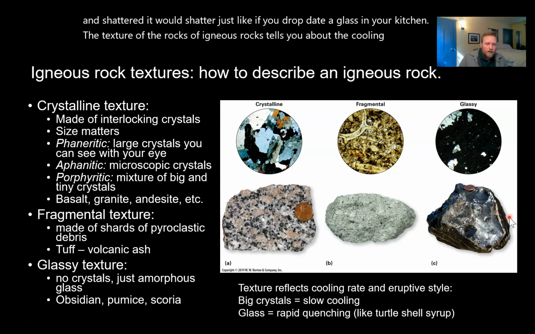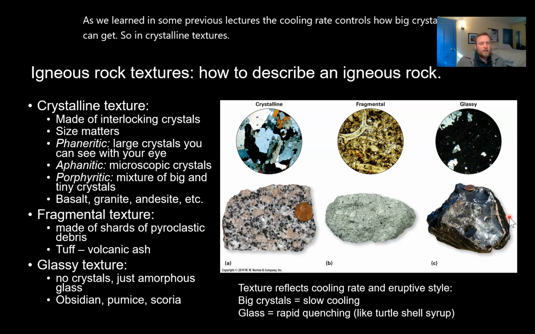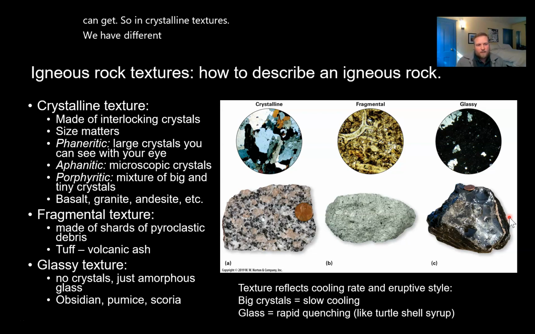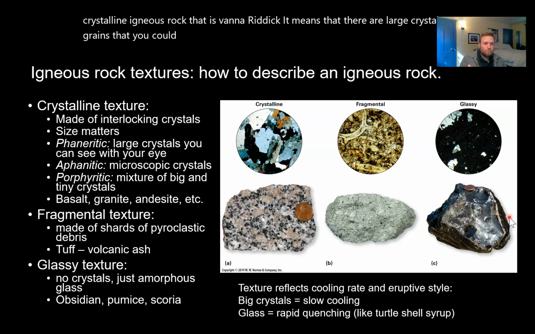So the texture of igneous rocks tells you about the cooling rate, because as we learned in some previous lectures, the cooling rate controls how big crystals can get. In crystalline textures, we have different classifications for the size of crystals we find. If you have a crystalline igneous rock that is phaneritic, it means that there are large crystal grains that you could look at with the naked eye.